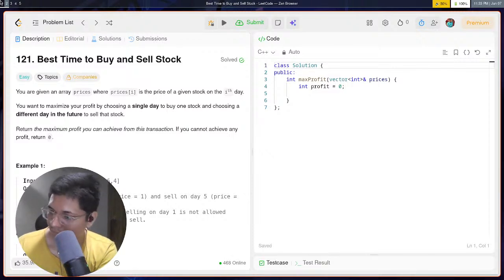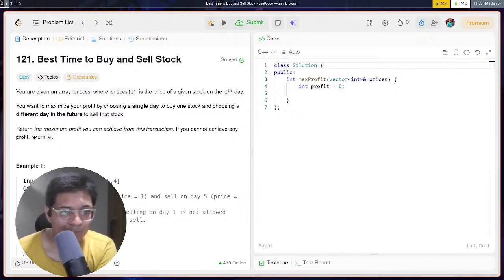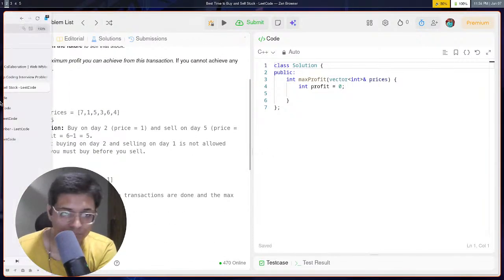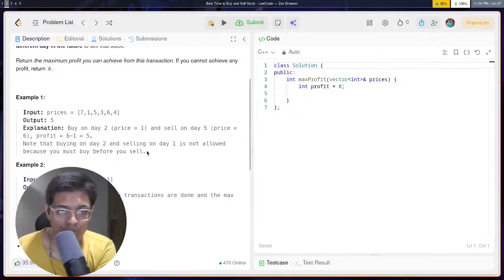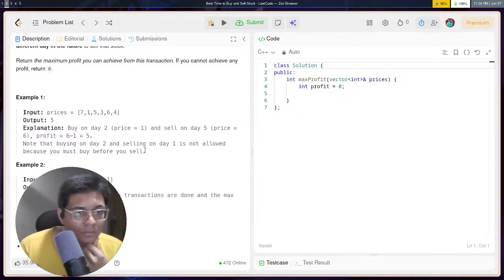Maximum profit. So, as an example, this is going to work.